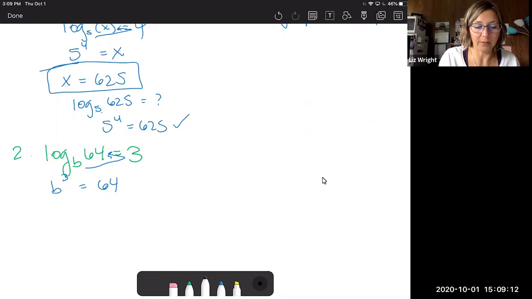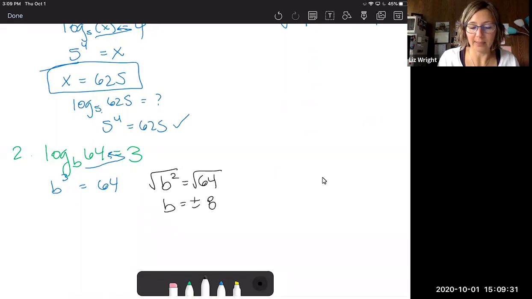So I'm going to tell you to undo that cubed. We're going to talk about this for a second. How do we undo this when we have b squared? You take the square root. So we would get b equals plus or minus 8. Just like b squared equals 100, how do we undo that exponent?